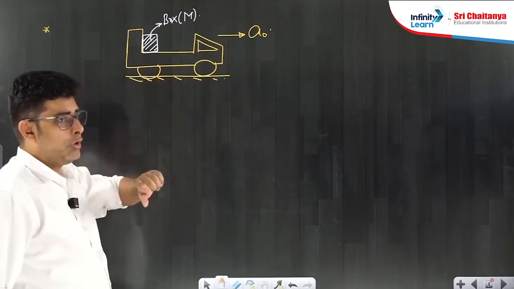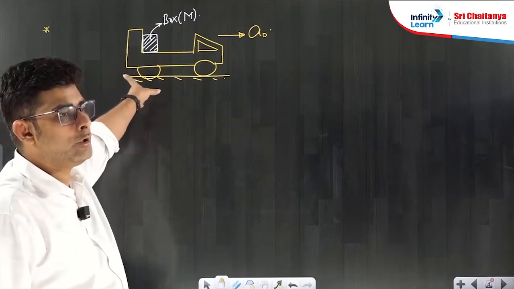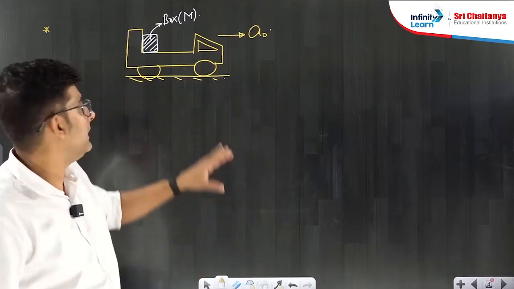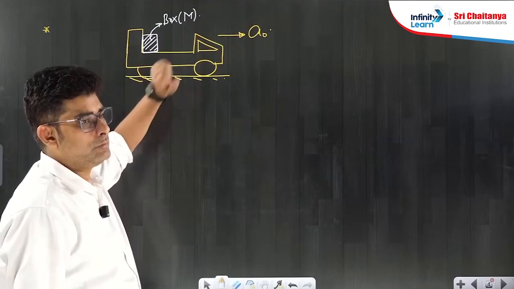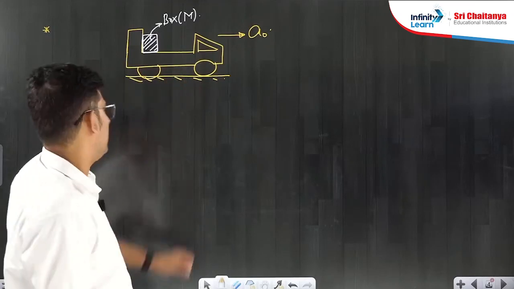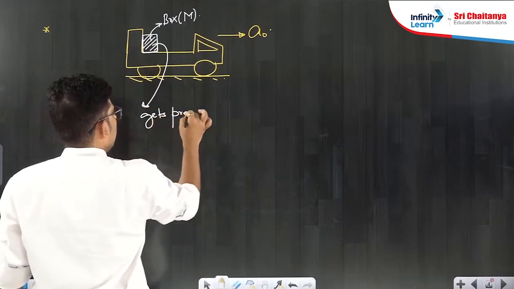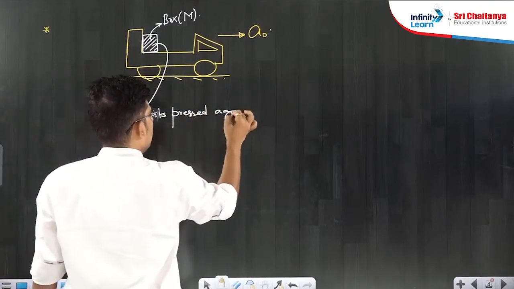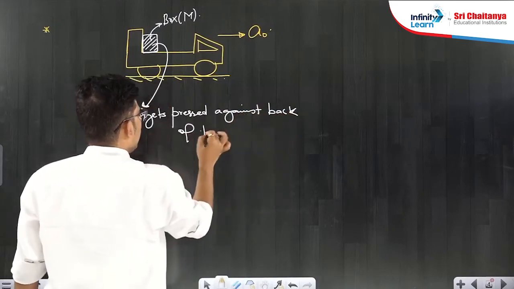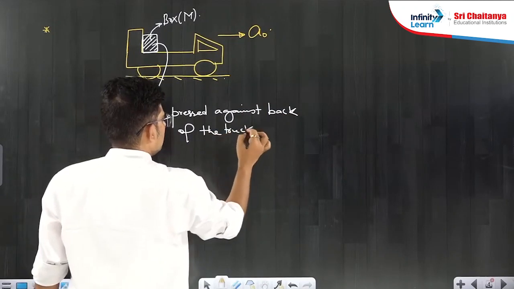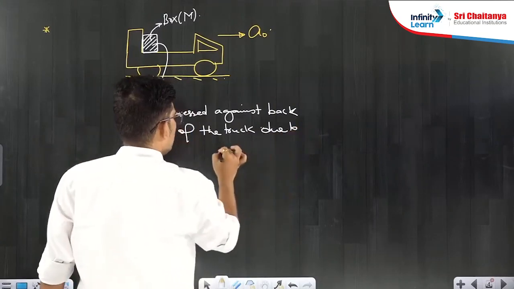So in doing so, by inertia, will it get pressed against the backside wall of the truck or not? Yes? Okay. So this box gets pressed against the back of the truck due to inertia.